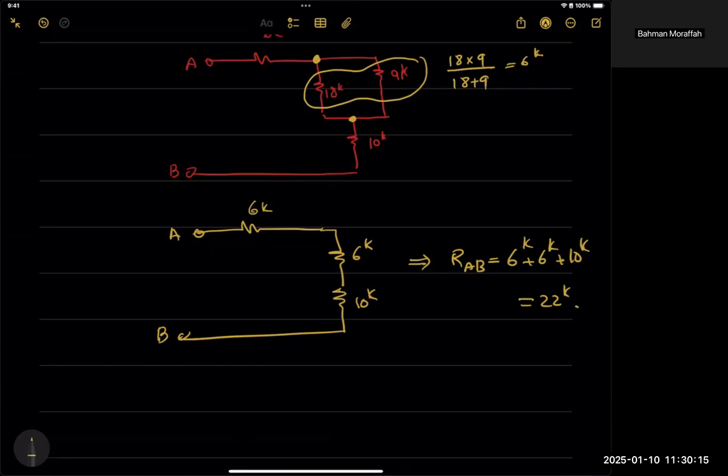what resistors are in series and what resistors are in parallel. If they're in series, I just add them up. If they're in parallel, we use the formula for parallel.